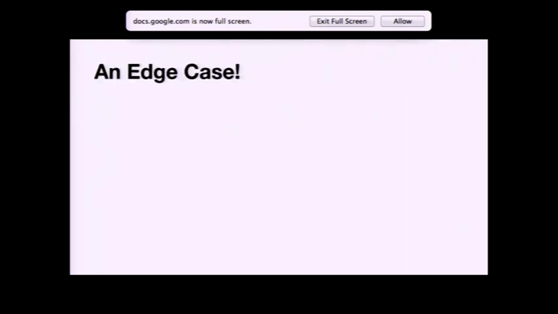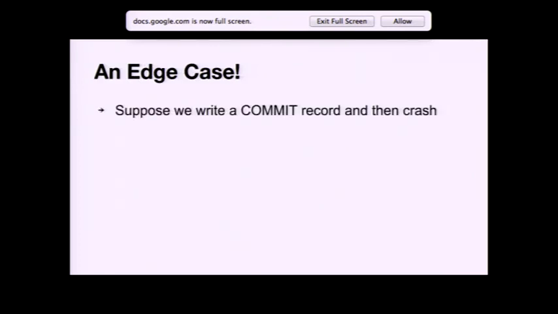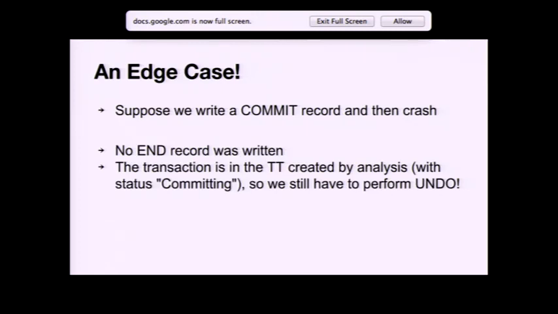One edge case regarding undo that we weren't very clear about in lecture. Suppose we write a commit record and then we crash. This is exactly what we're doing on the vitamin. No end record was written, and the transaction is actually in the transaction table created during the analysis phase. Its status is going to be committing. We saw that a couple of slides ago.